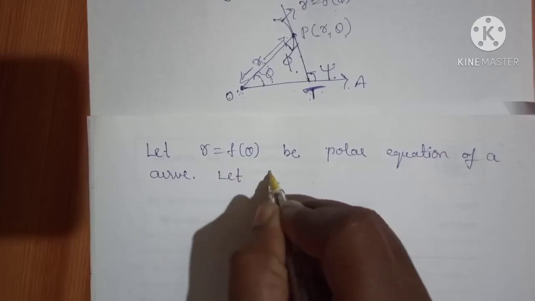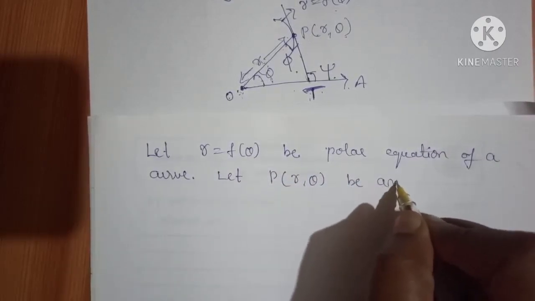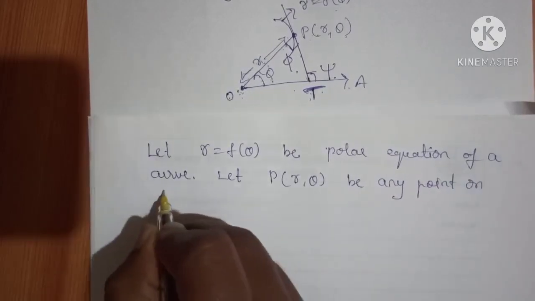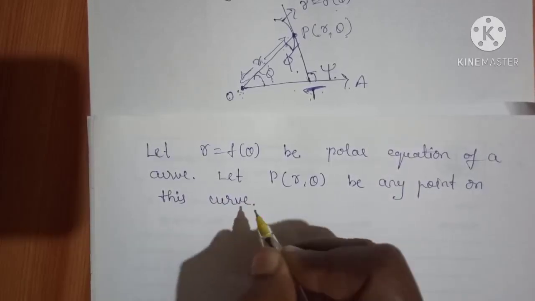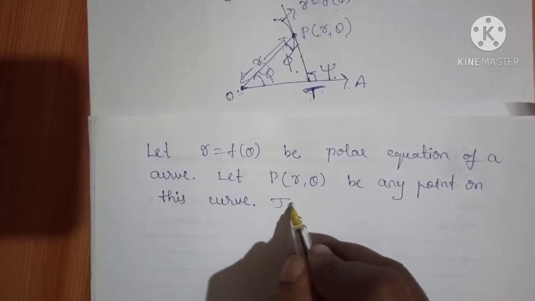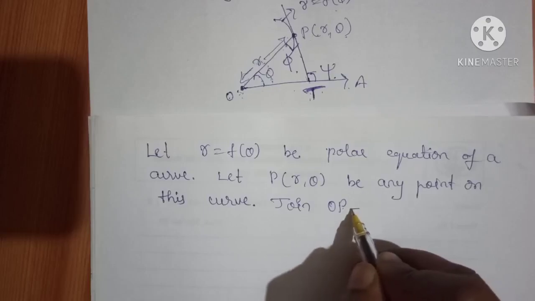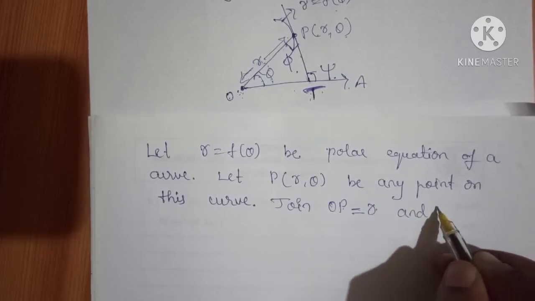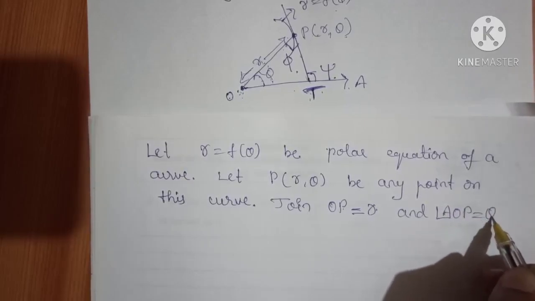Let P equals r comma theta be any point on this curve. Next, join OP, which equals r, and the angle AOP is equal to theta.